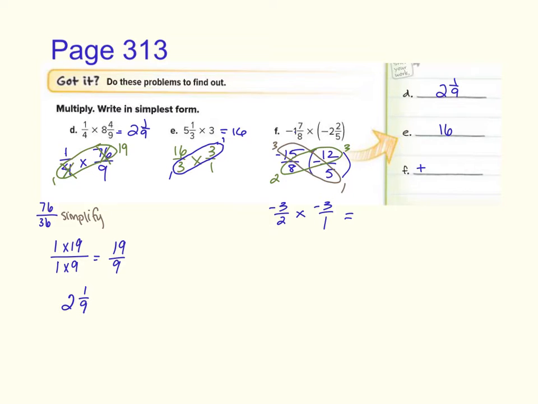So we end up getting positive 9 over 2, which is then 4 1/2. Okay? If you wanted to take 15 times 12, by all means, go ahead. But I would rather simplify during the process because it's easier to handle.